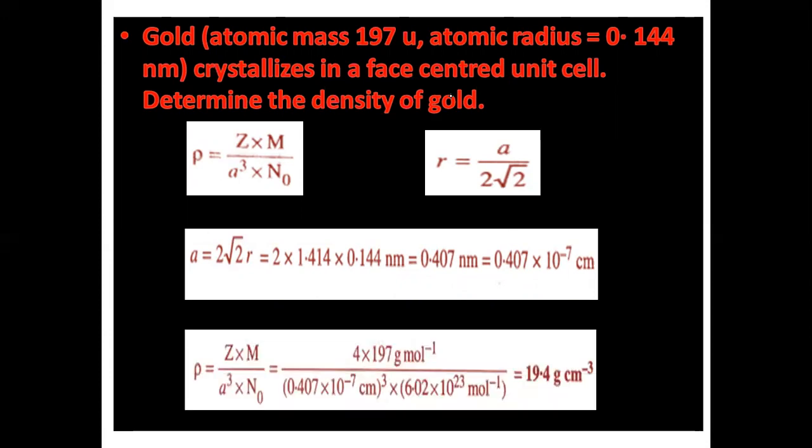Density is equal to Z into M divided by A cube into N naught, where Z is equal to 4 and M is 197, that is given in the numerical, A cube is 0.407 into 10 raised to power minus 7 centimeter cube, N naught 6.02 into 10 raised to power 23, and answer is 19.4 gram per centimeter cube.